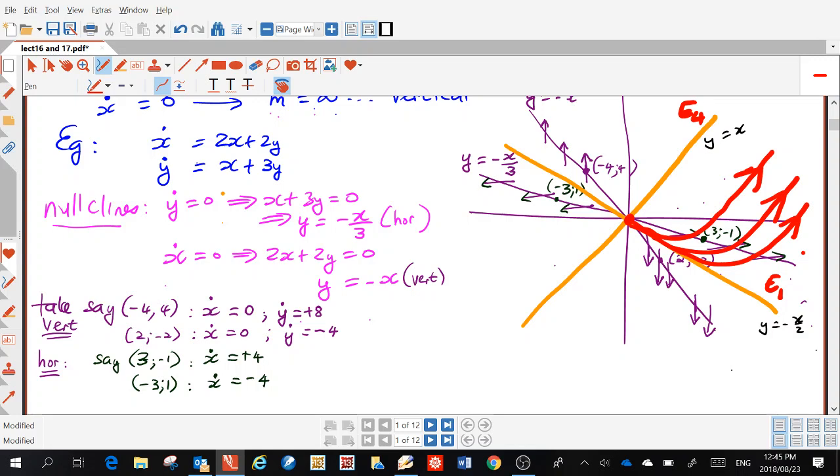Likewise here. Flow lines like that. These flow lines flow like that.